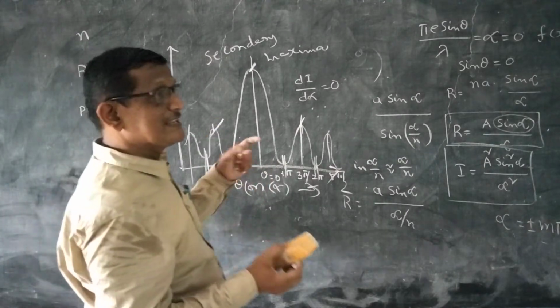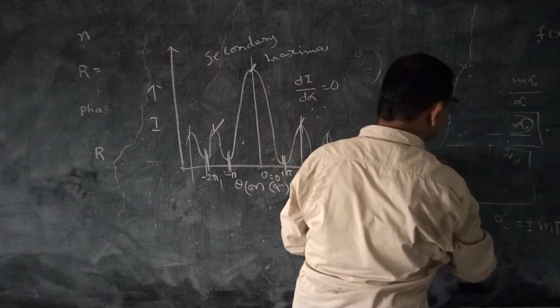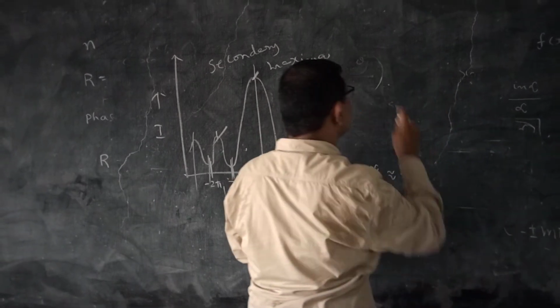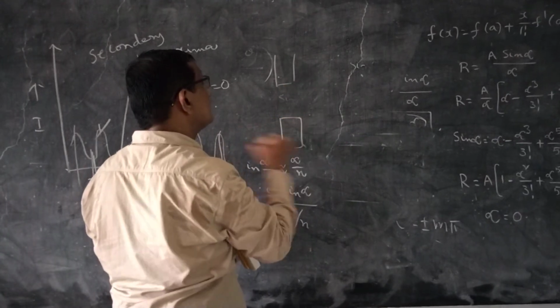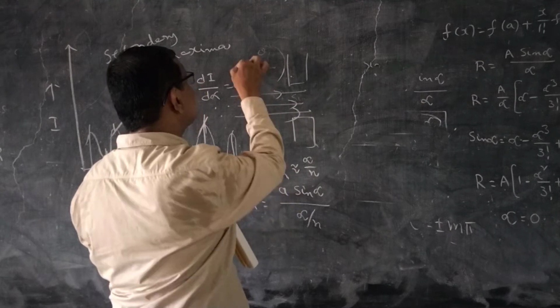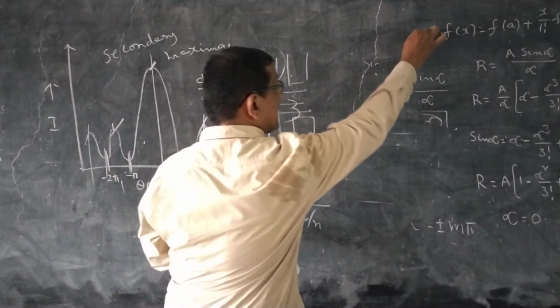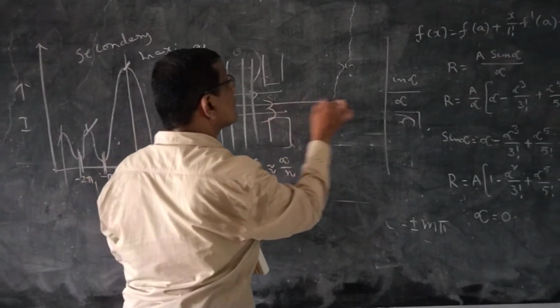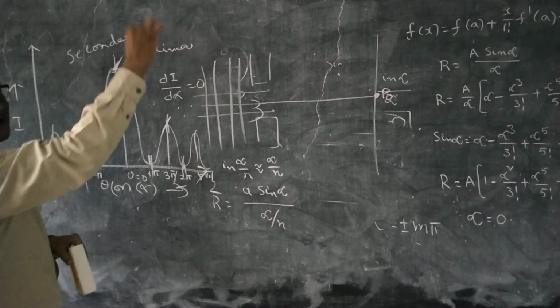The same thing is explained physically. Here we have a single slit, and a plane wavefront incident here, which is obstructed by the slit. Again you have a screen. Here you have the central maximum P0.